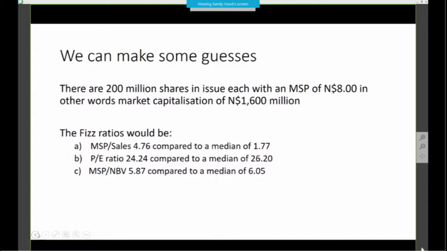If, on the other hand, we were a mass producer of soft drinks, then we would have a much higher sales revenue, and that would bring down the ratio closer to the median. Is that making any sense? Yes, it does make sense, and it does reflect the characteristics of Fizz, I think.